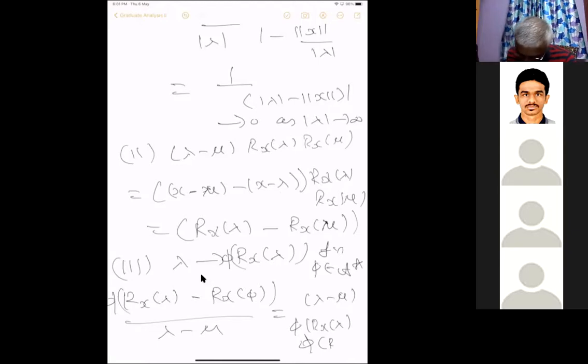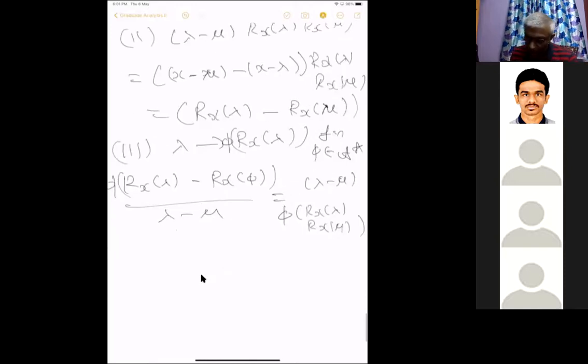But we have proved that the inverse map is continuous.